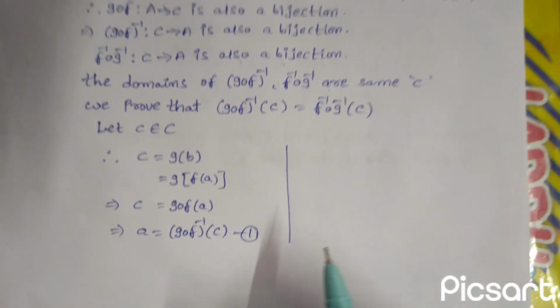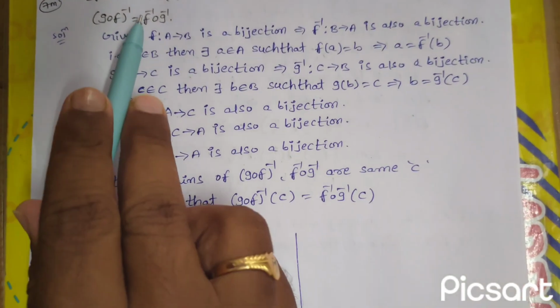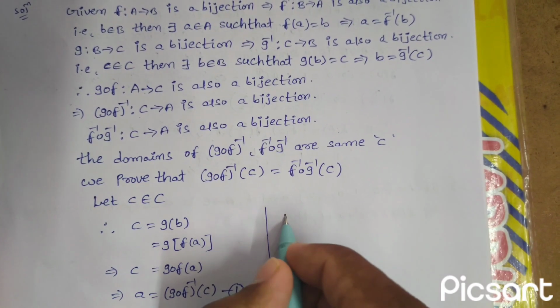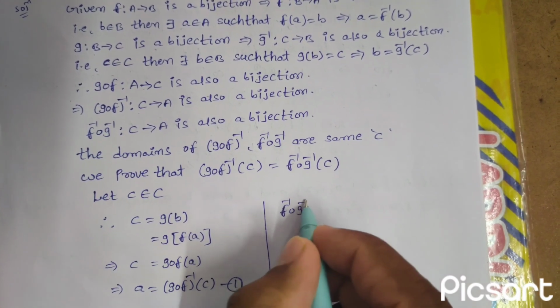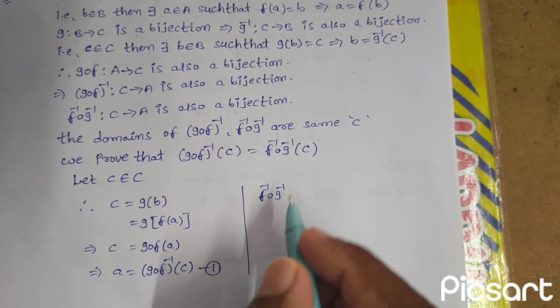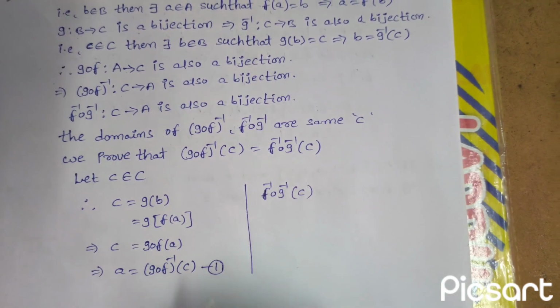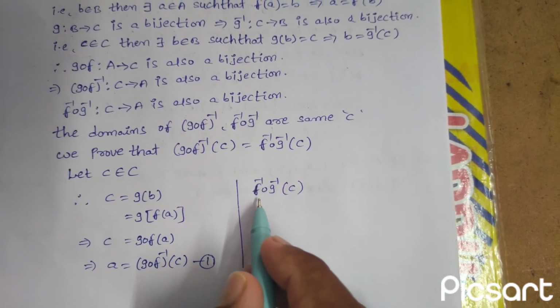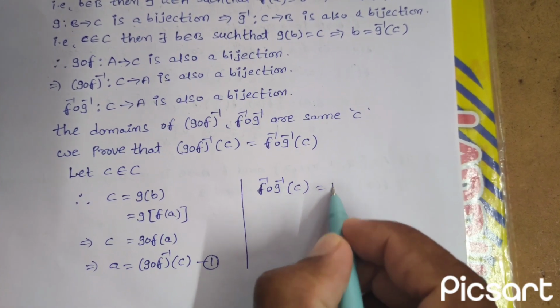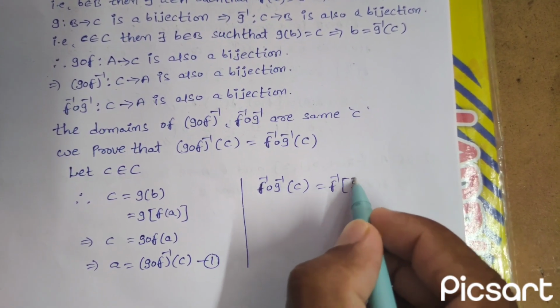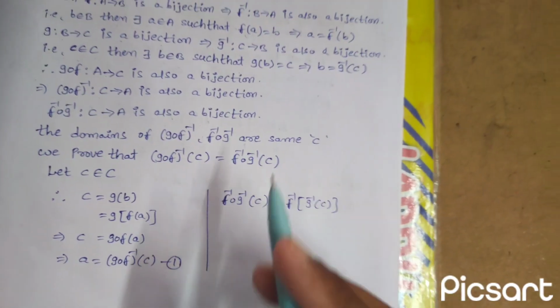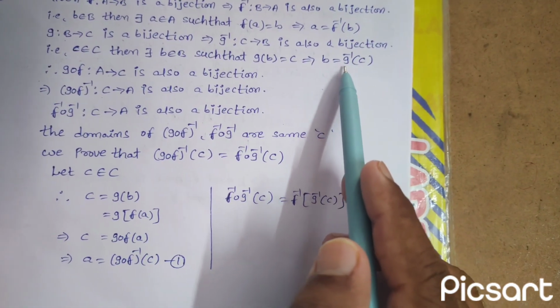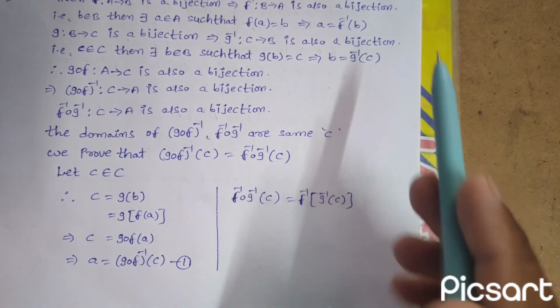So for the RHS, take the composite function f inverse circle g inverse. Here common domain is C. So f inverse circle g inverse of c is equal to f inverse of g inverse of c. According to the surjection definition, g inverse of c is equal to what? b.